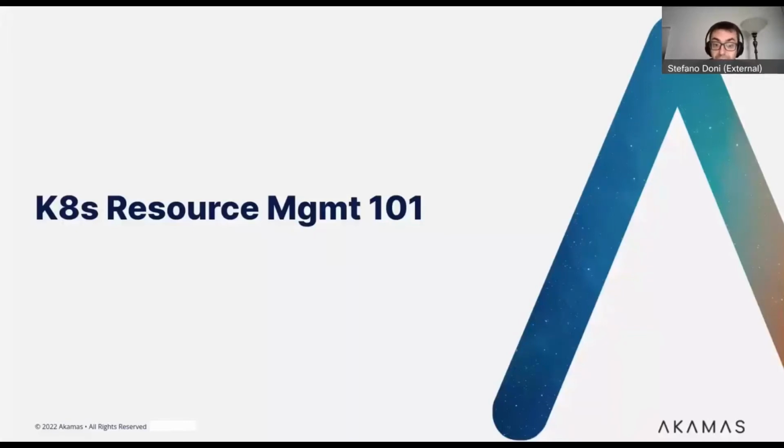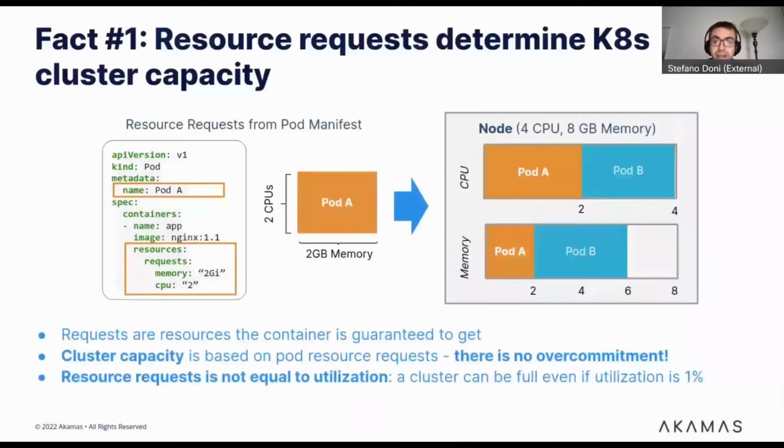So let's have a look at some key facts here. The first key fact, which is very interesting to understand, is the concept of resource request. Basically, resource requests are the resources that a container is guaranteed to get. When an application developer needs to run a Kubernetes application, they have to define this YAML file, represented on the left here, where they can say, for CPU and memory, how much resources this container should always get.